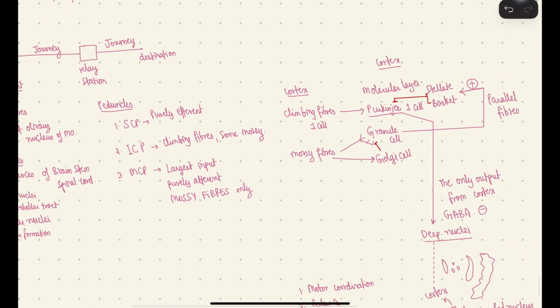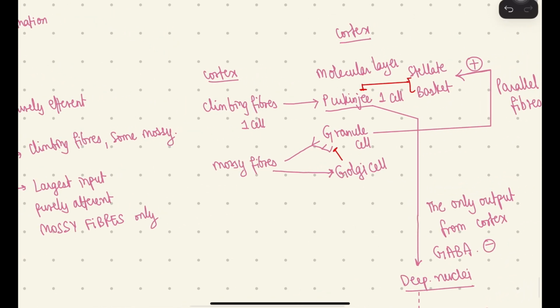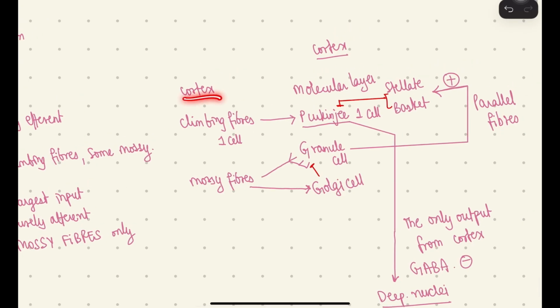Now, what happens once these fibers reach the cerebellum? Like we've already spoken, we have a cortex and deep cerebellar nuclei. Let's talk about the climbing fibers first. One climbing fiber ascends up to one Purkinje cell and wraps around it, whereas the mossy fibers go and stimulate the granule cells. They also stimulate another cell called the Golgi cell.